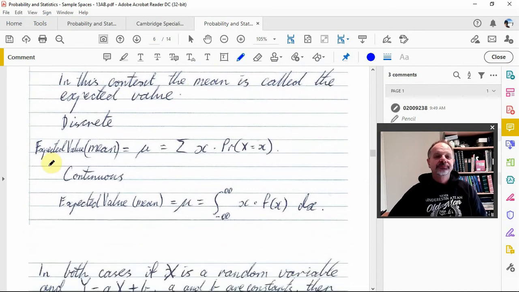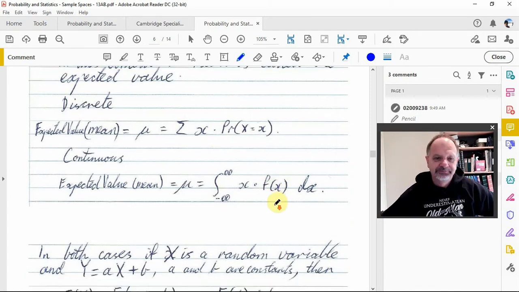For discrete random variables, it's the sum of x times the probability. And for continuous, again, it's an integral. The x times probability is the same part, but for discrete we add up all the individual ones, and for continuous, because it's not discrete, we use the integral.